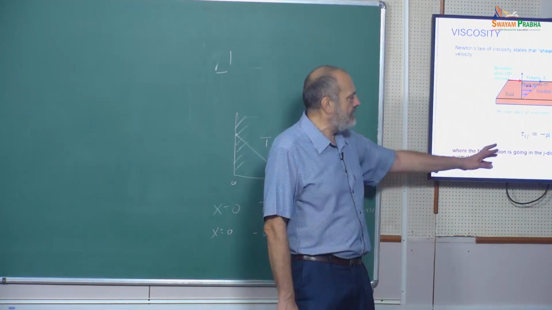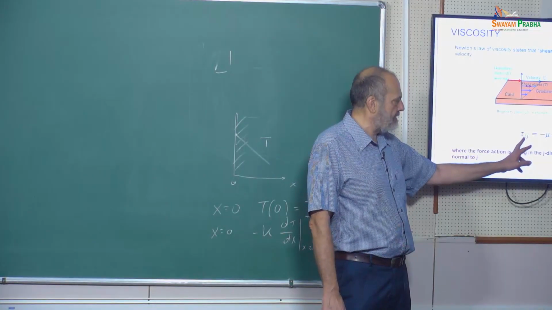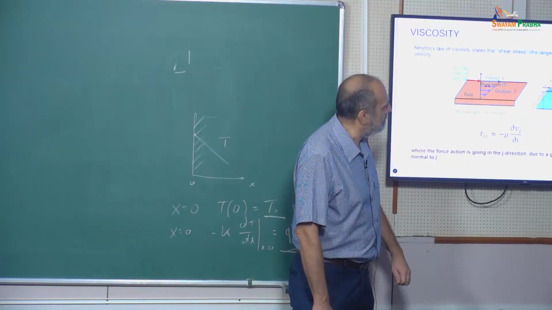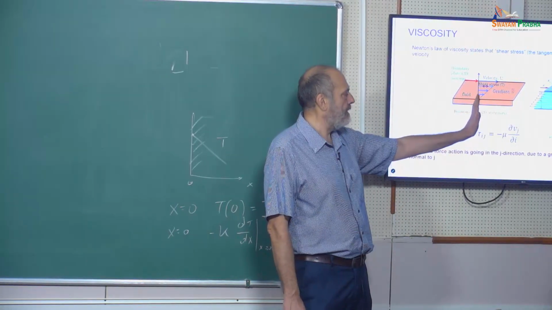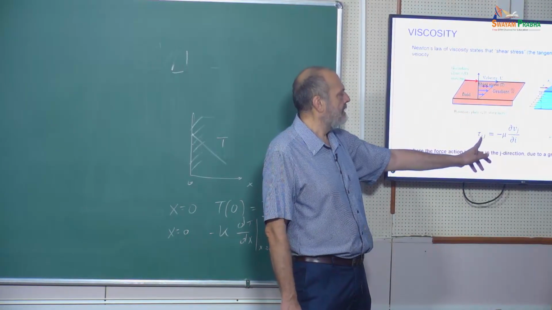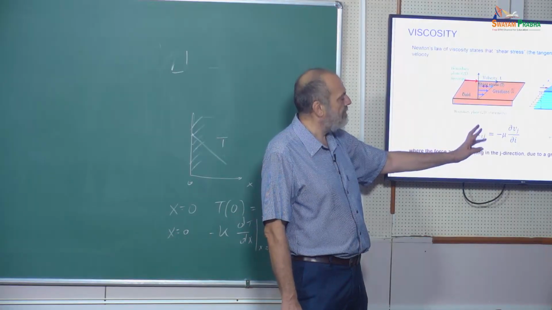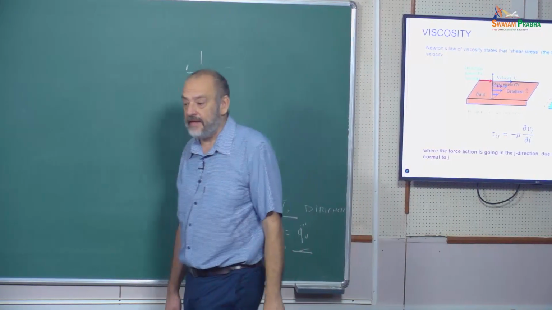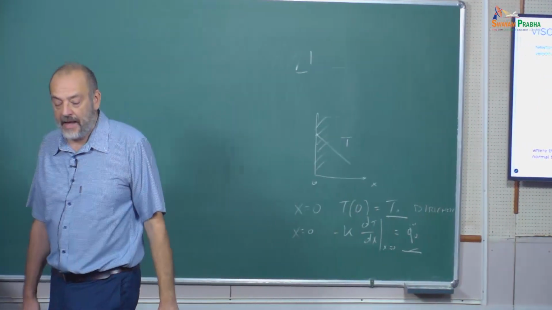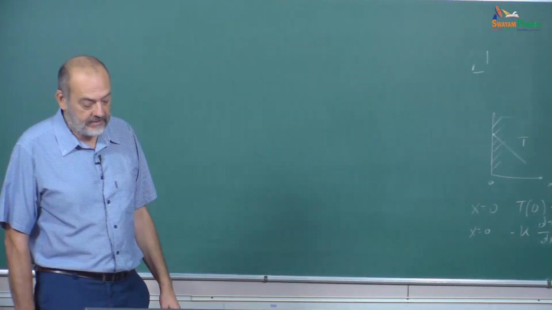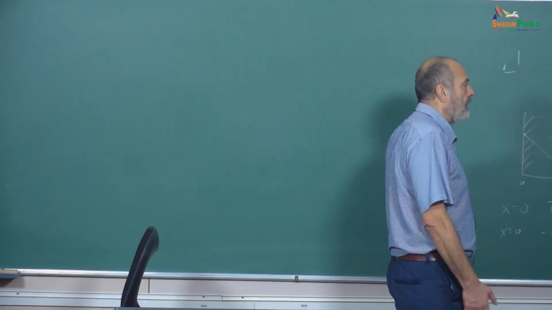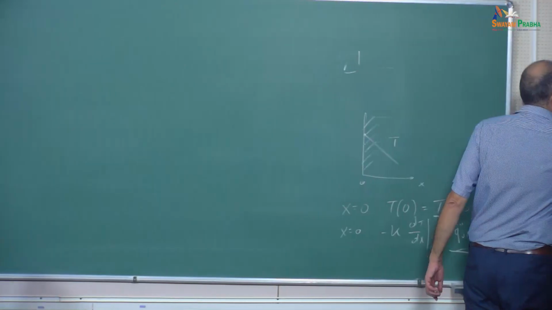Okay? And we can write in this way, we can say that the force tau ij, which is the force in the direction of j that is linked to the gradient in the direction i, tau ij is equal to minus the viscosity, the dynamic viscosity, multiplied by the partial derivative of the velocity in the j direction over the direction i, or the direction where the velocity is changing.